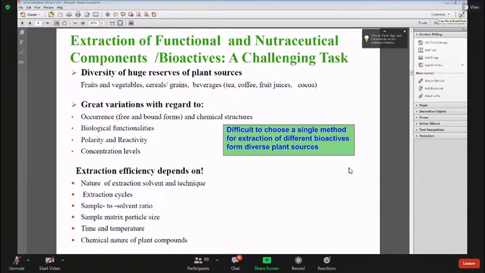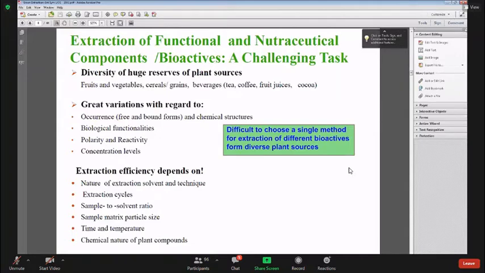We have to optimize the solid solvent ratio. Normally 1:8, 1:10 is fine. Similarly, the extraction time and the extraction temperature are also important attributes, and in most cases we have to optimize the extraction parameters.